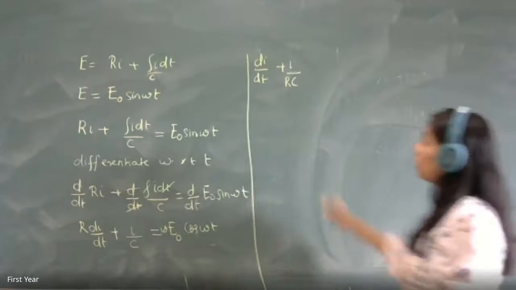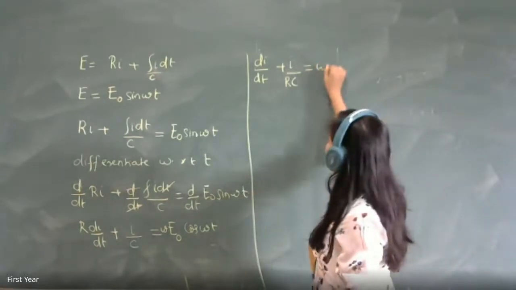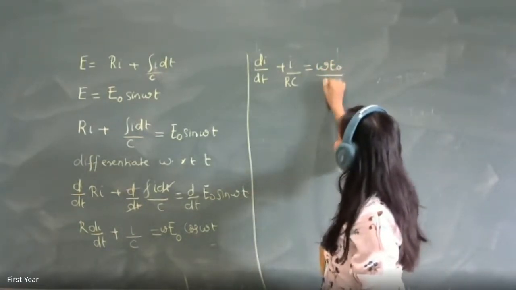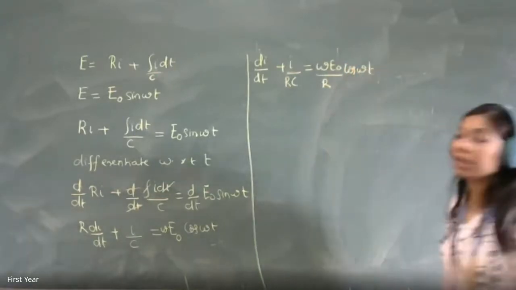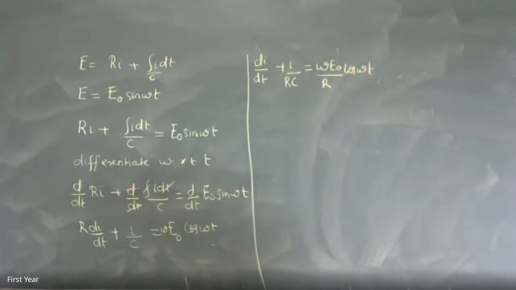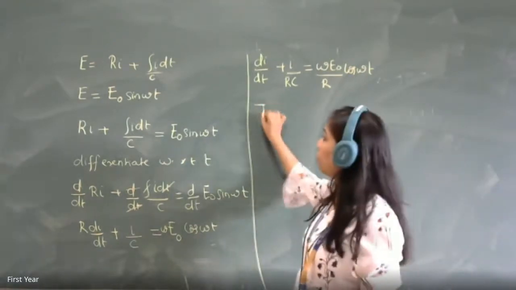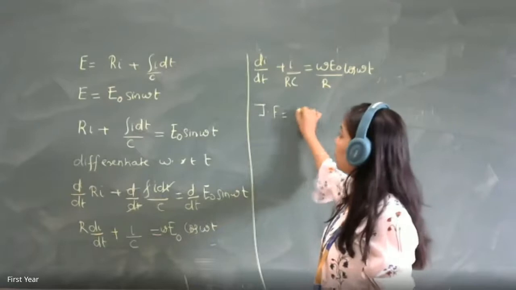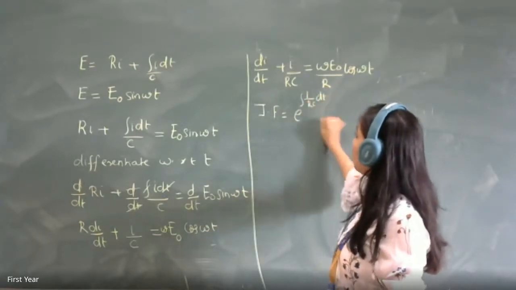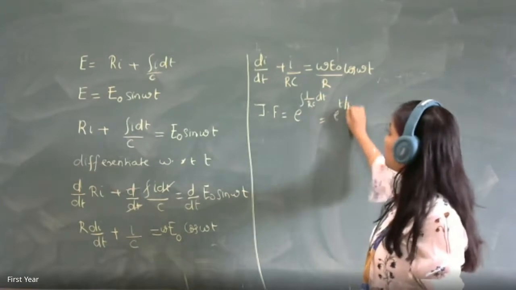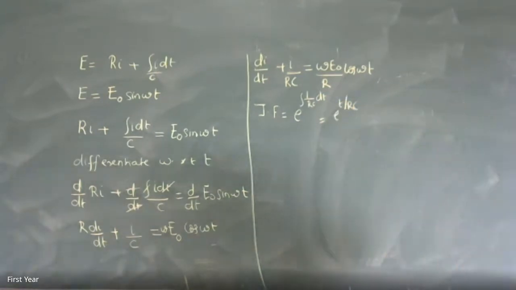So di by dt plus I by RC is equal to omega E0 upon R cos omega t. This is your linear differential equation in I, and therefore the integrating factor will be e raised to integration of 1 by RC dt, which is e raised to t by RC.